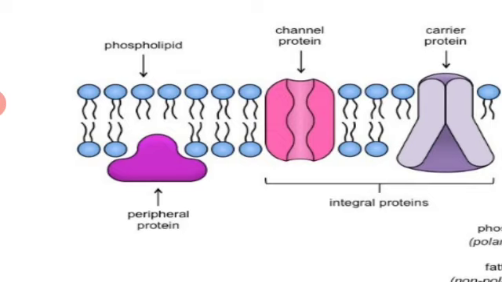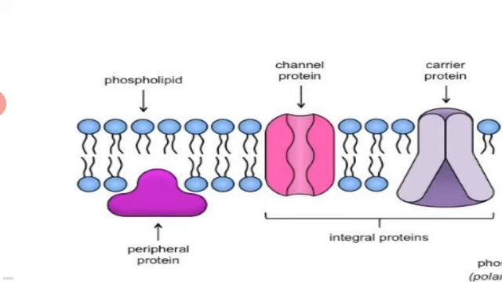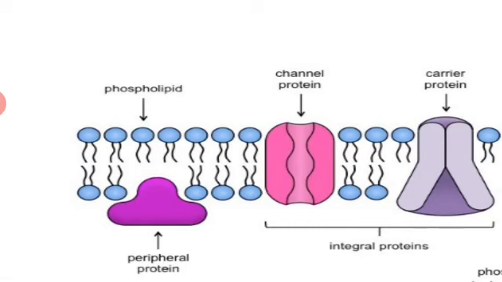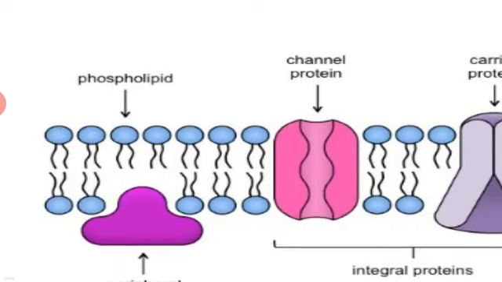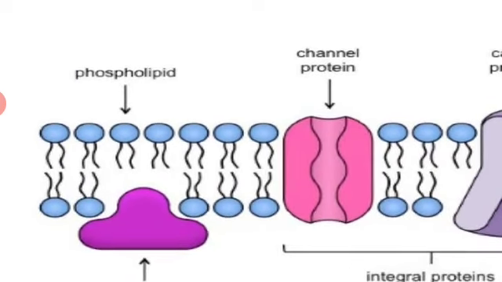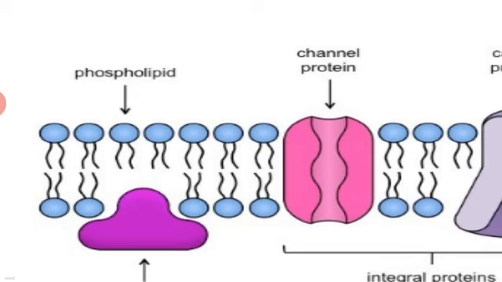Above this peripheral protein, we see a phospholipid. The phospholipid has a head and two tails. We shall mention something about the phospholipid.